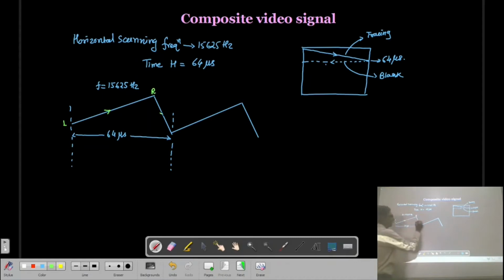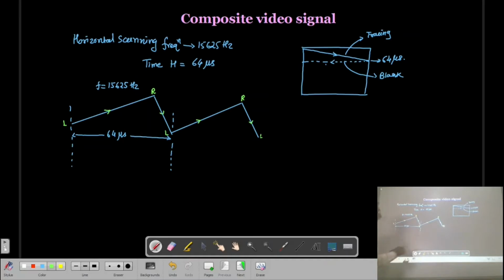And when this sweep current goes on decreasing, the electron beam comes back for the next line to the left hand side. Again it will trace the next line, moving the electron beam from left to right, and then again it comes back for the next line to the left hand side.